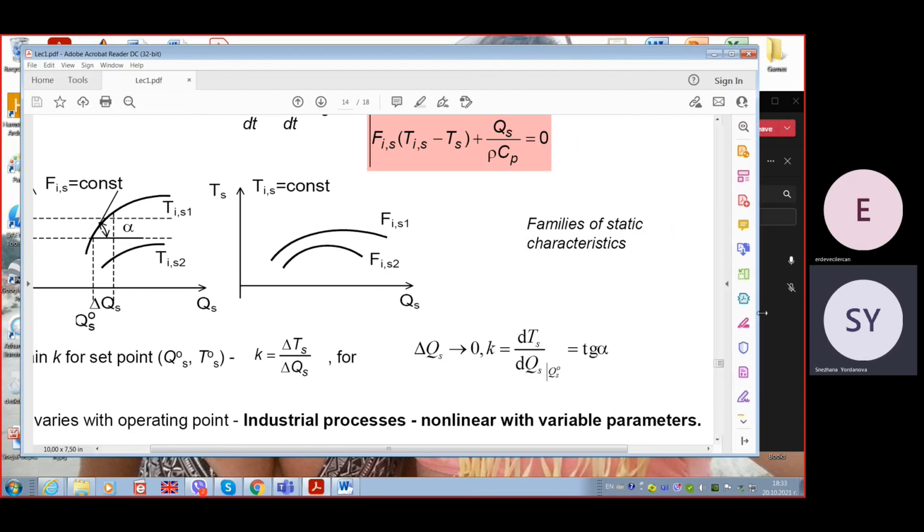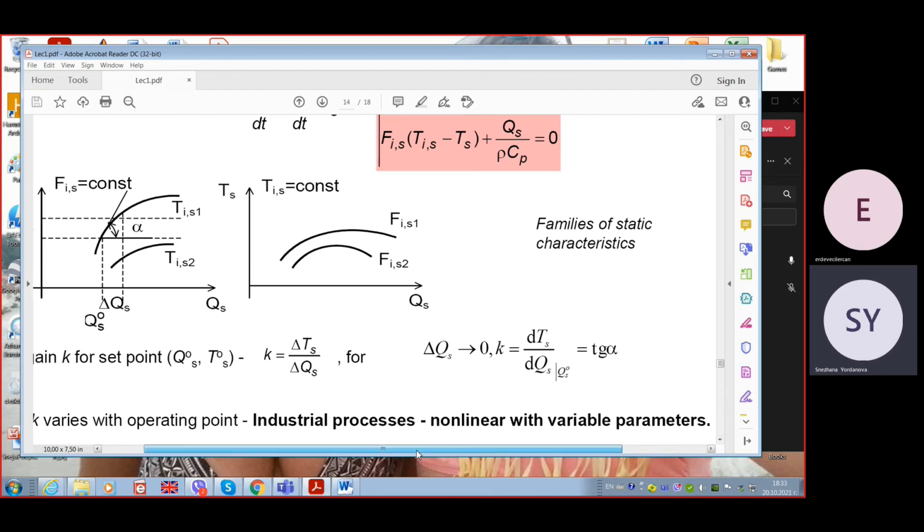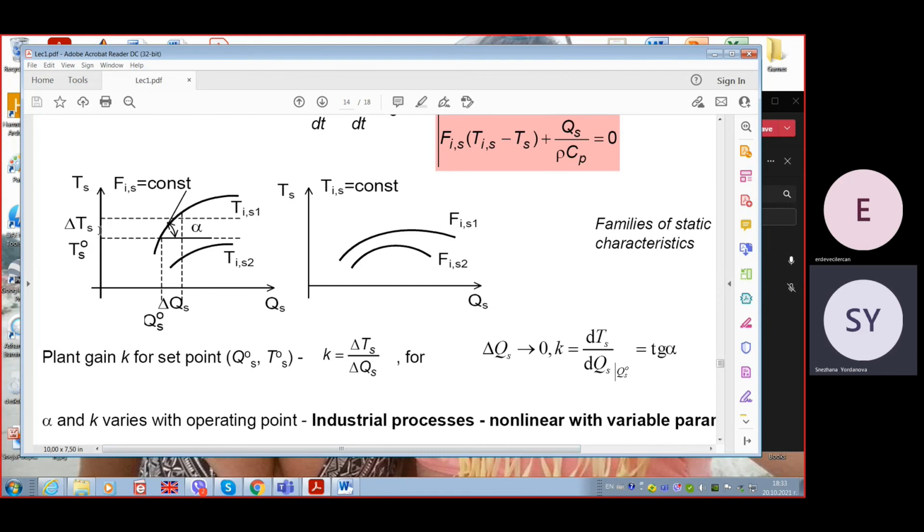We usually control them by fixing a narrow area around a given operating point. This operating point is our reference. That means we want to have a temperature equal to 120 degrees. That means the set point is fixed at the operating point, somewhere where we have a big linear range.